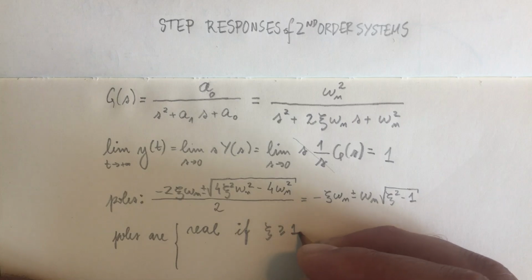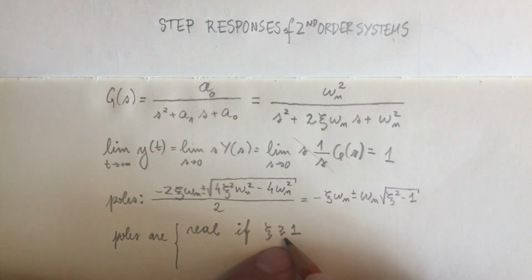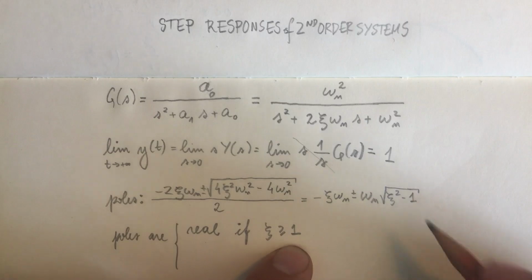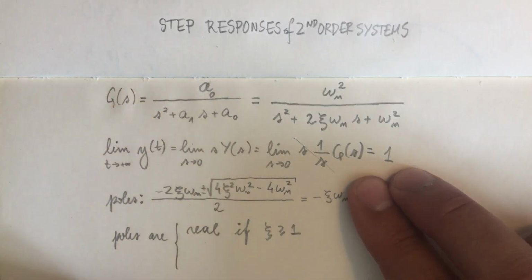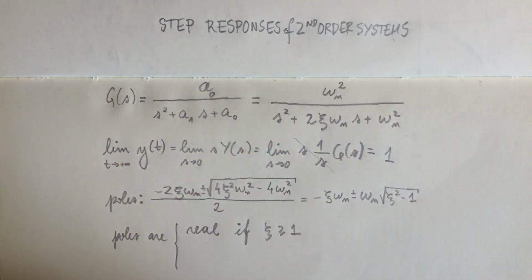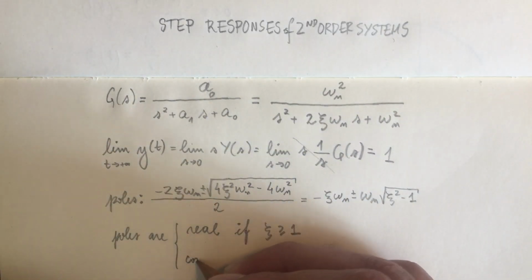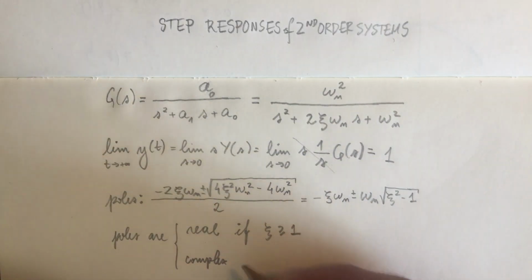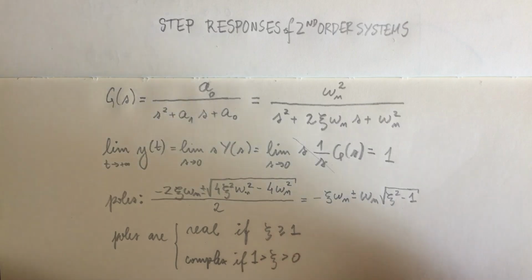The poles are also real, in fact, if Xi is equal to 1. In that case, the two poles will be equal to minus Xi omega n, which will be a double pole. Or the poles are complex if Xi is between 0 and 1.